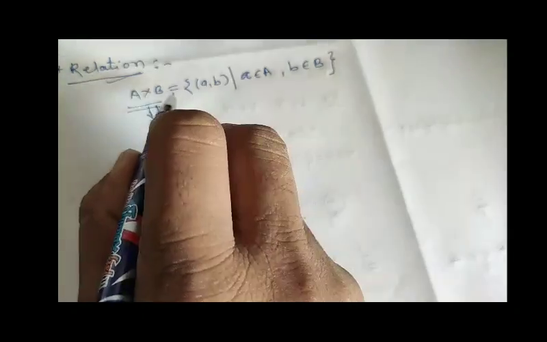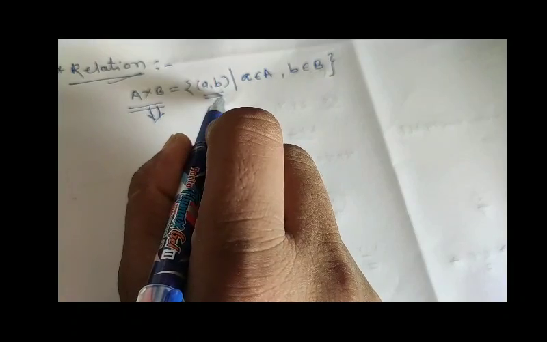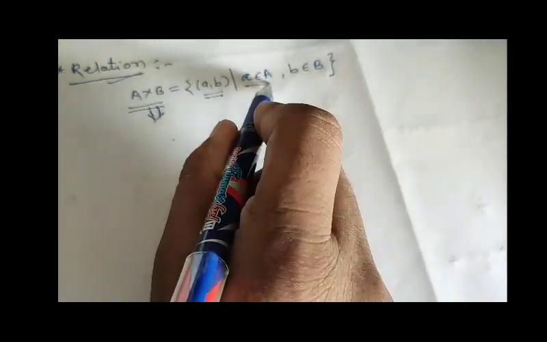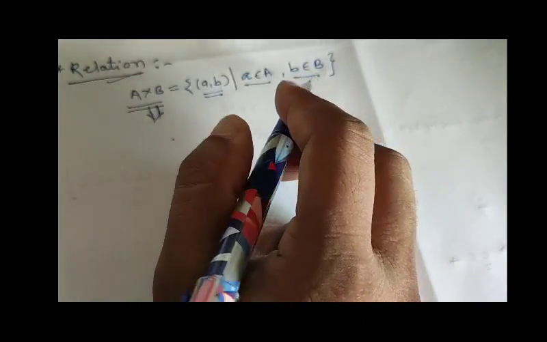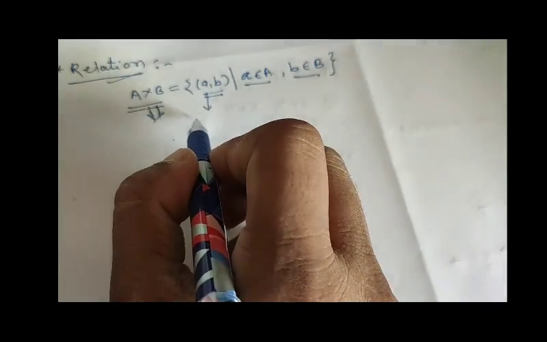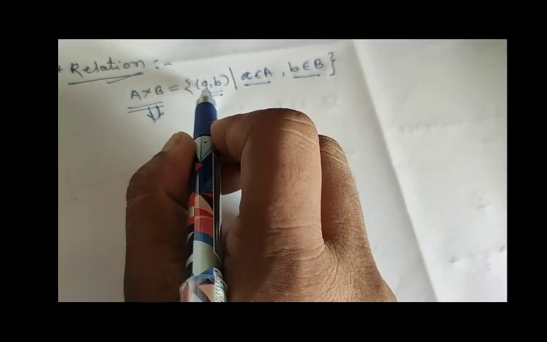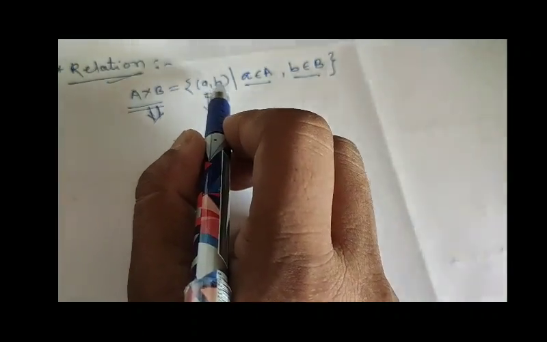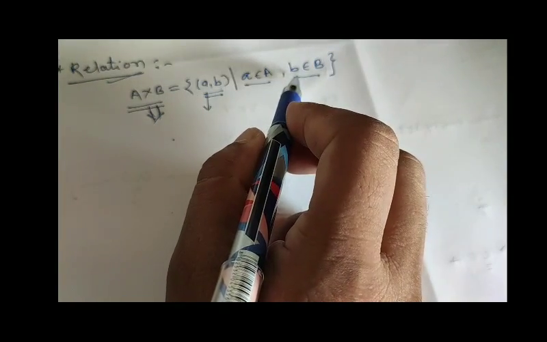So A cross B we defined as all possible ordered pairs of elements of A and elements of B, but it is necessary that the first element of this ordered pair must belong to A and the second element must belong to B.